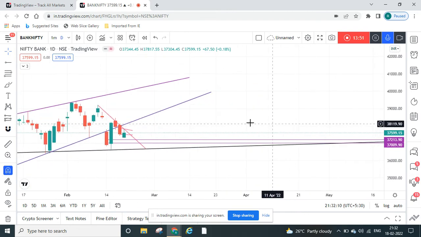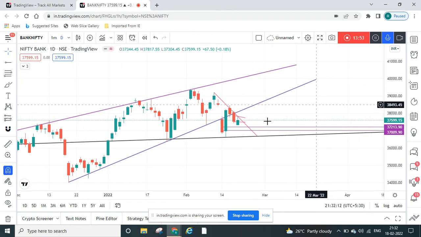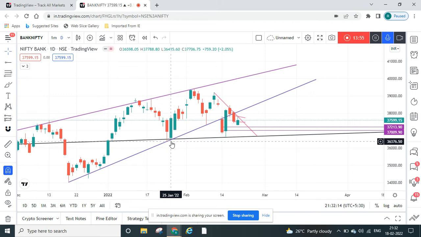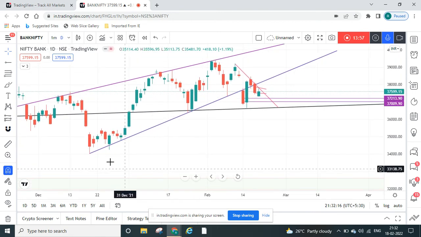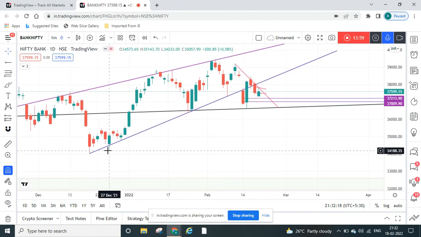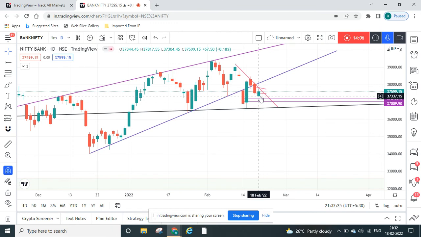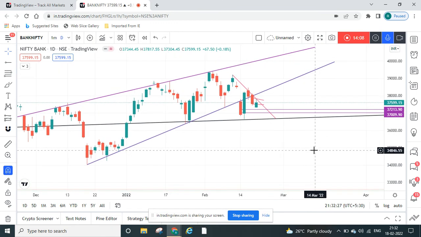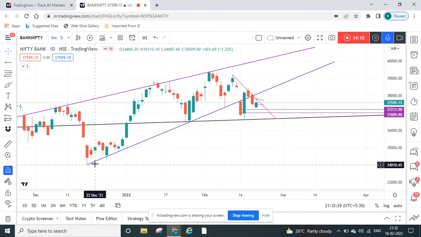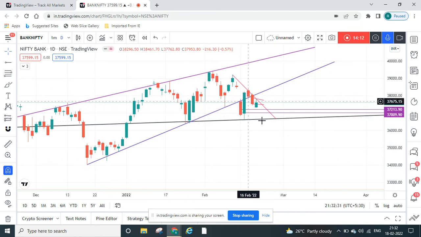And if you see here, Bank Nifty is still making higher lows. Here we have a low, and here we have a higher low, and here a higher low, here a higher low. Any stock or technical chart which forms higher lows shows bullishness.